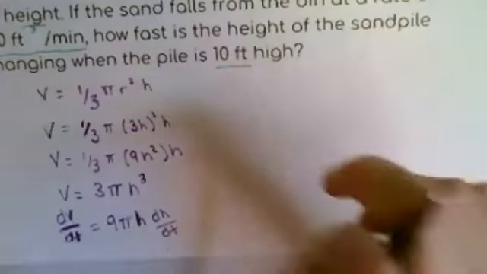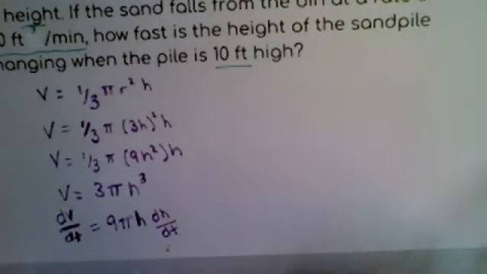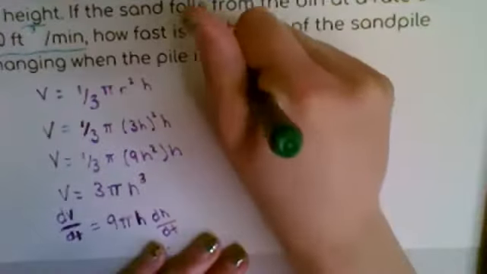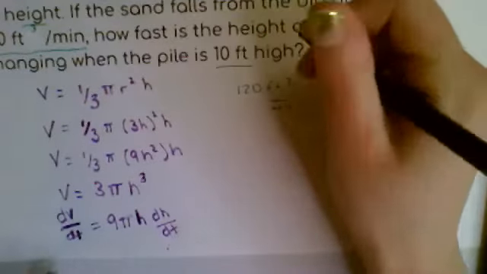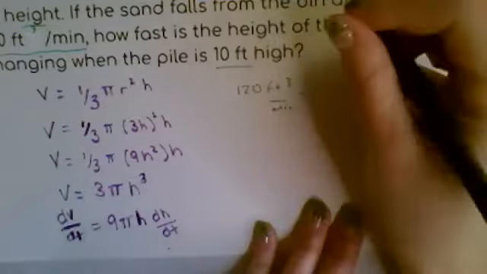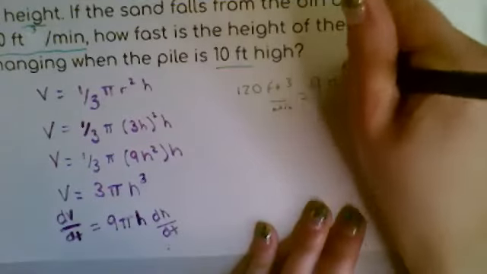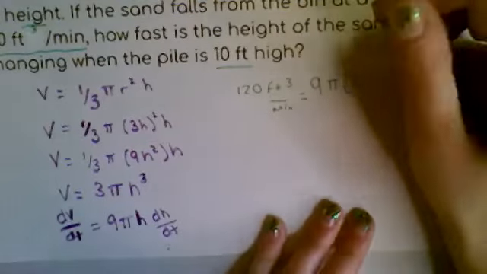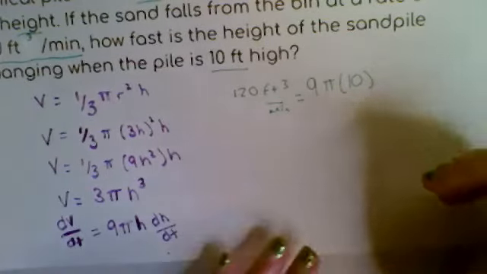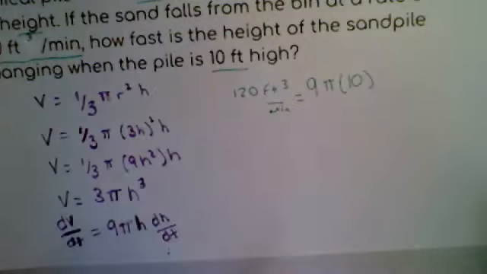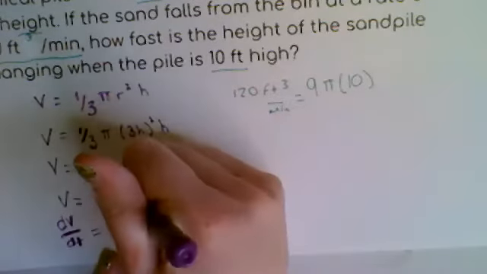So we're going to say 120 feet cubed per minute, that was dV/dt, is equal to 9 pi times 10 for my 10 feet. Oh, you know what I didn't write down and I said I did? My squared.